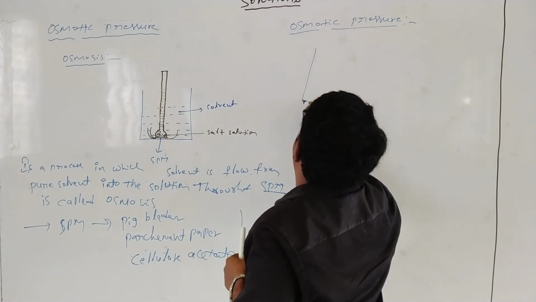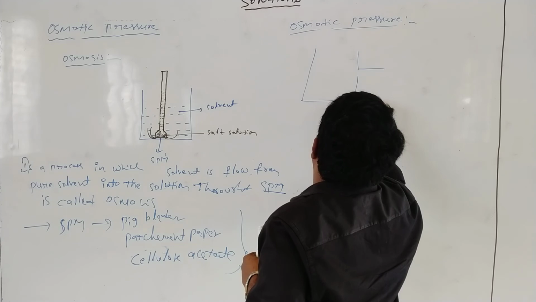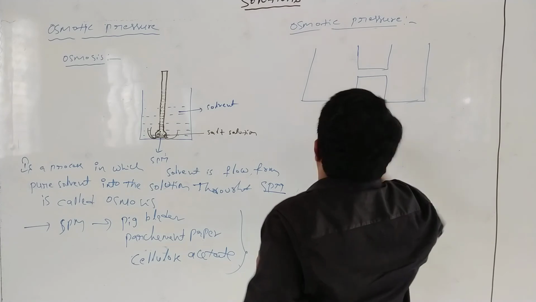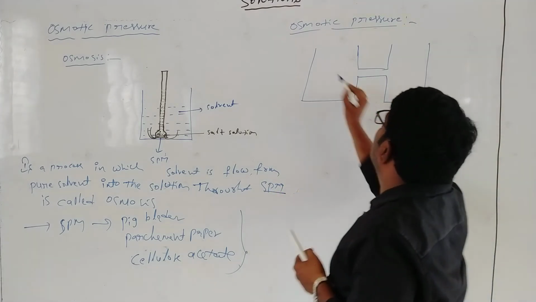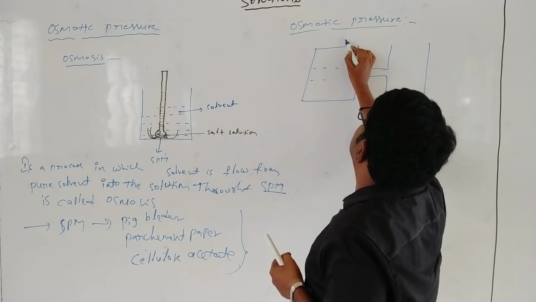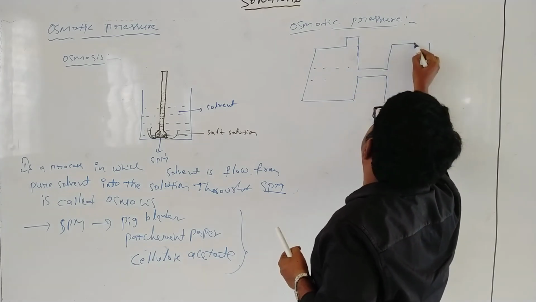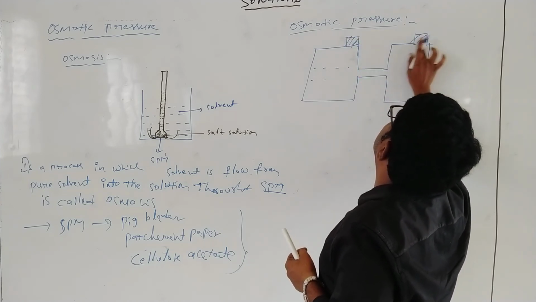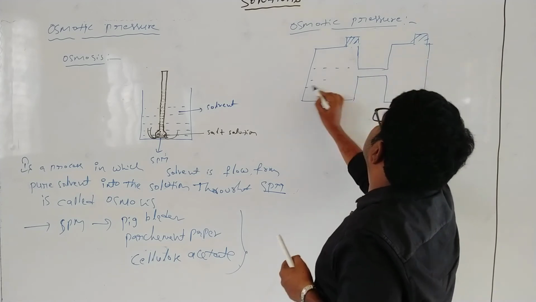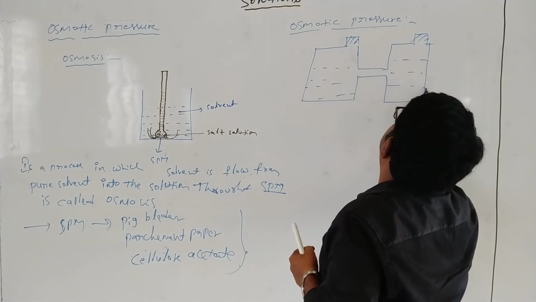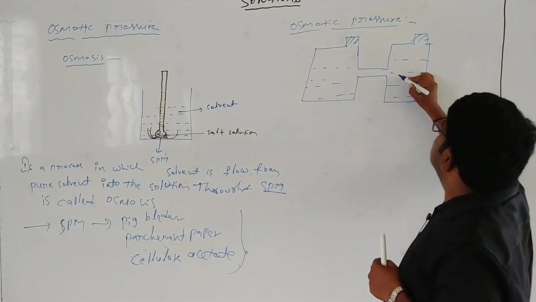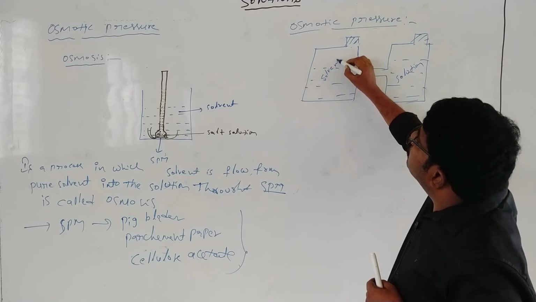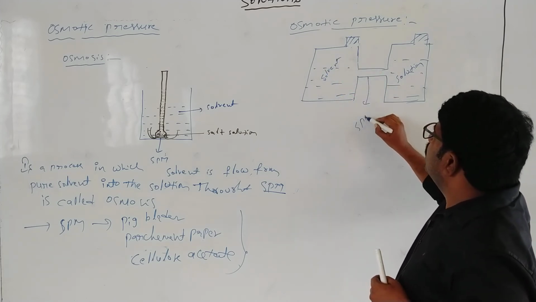If we take two beakers filled with solutions, this is the solution, this is the solvent, and this is the SPM, semi-permeable membrane.